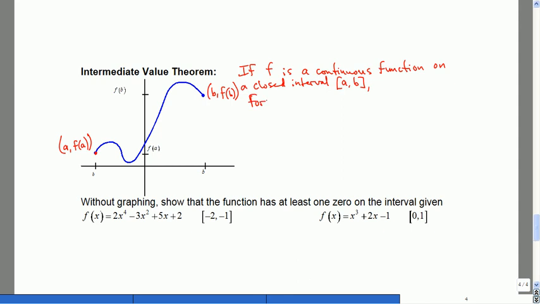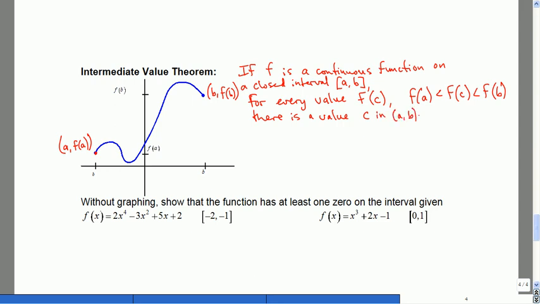Then what we could say is for every value so that it's between A and B, I'm just going to change something here for a second.